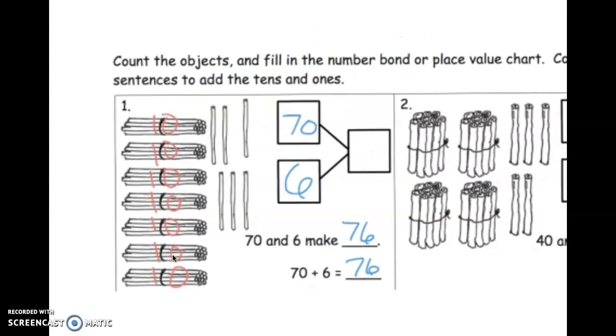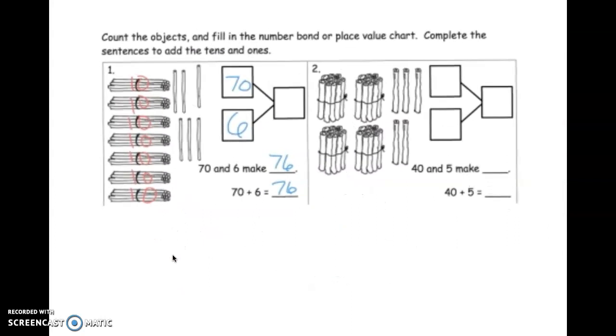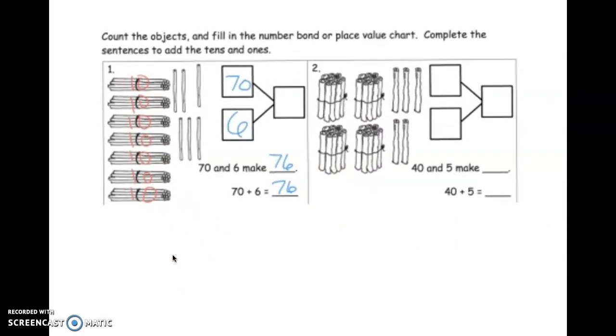So if we wanted to show what that would look like in our place value chart, we've got our place value chart, and we have our tens here, and we have our ones here. The question is, how many tens do we have?